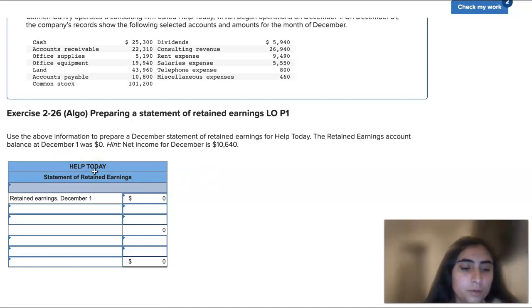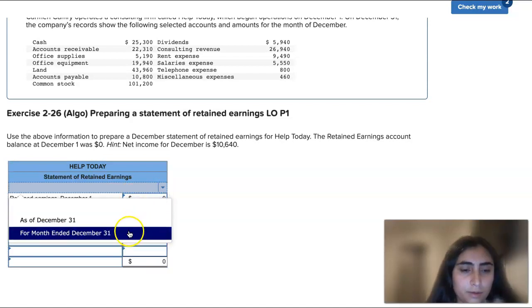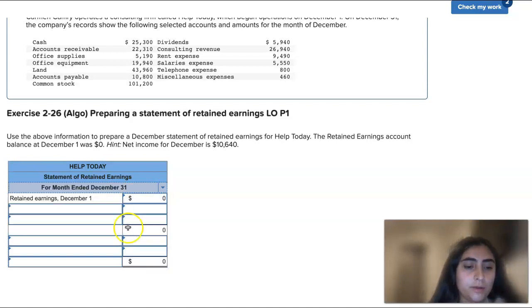First we put in the month ended December 31st, and retained earnings on December 1st. We have 0 retained earnings at this point. There are no retained earnings.